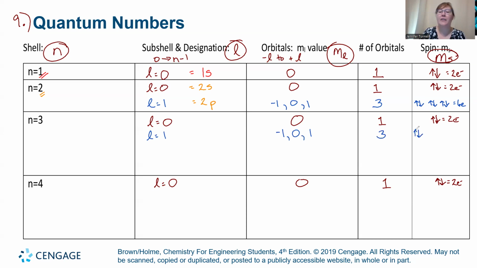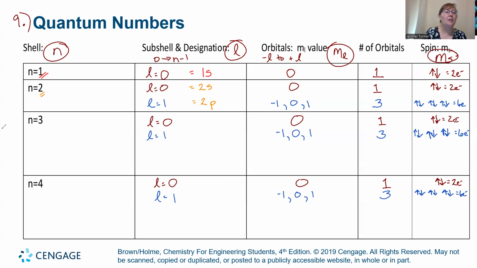So starting with n equals 2, we will continue to always have p orbitals as well. So you guys can keep filling this in.